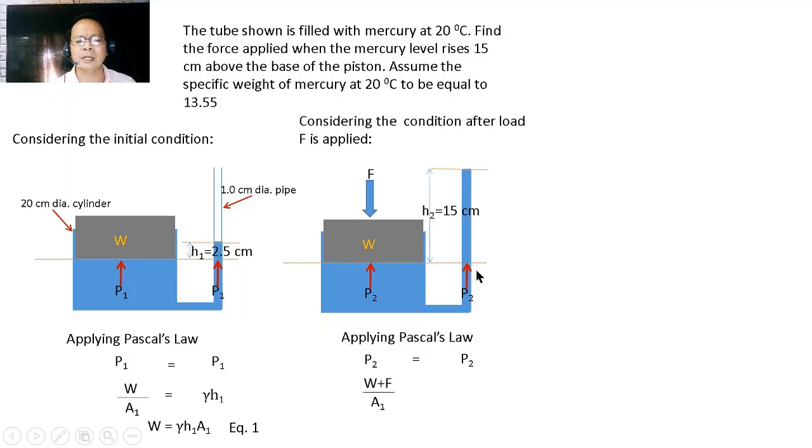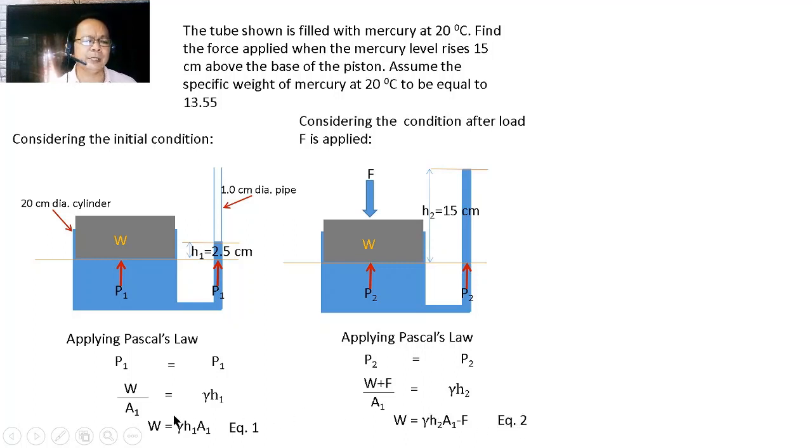Samantalang dito naman, the pressure dito will be the product of the unit weight of the mercury multiplied by this H sub 2. And this will be equal to gamma multiplied by H sub 2. And from this relationship, we can express that W is equal to gamma multiplied by H sub 2 multiplied by A sub 1 minus F. And let us call this our second equation.